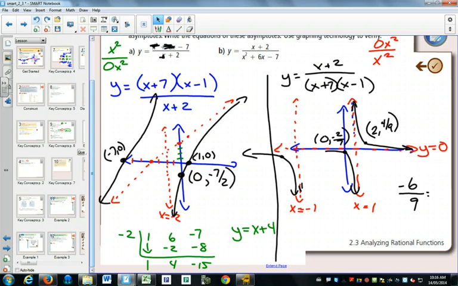Is this fraction ever equal to 0? If we look at the fraction, is the numerator ever equal to 0? Yes. When does that happen? At -2.